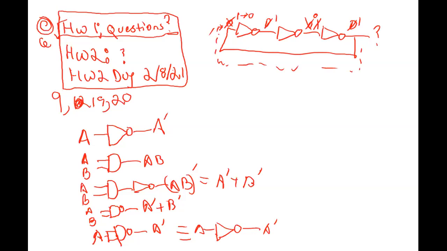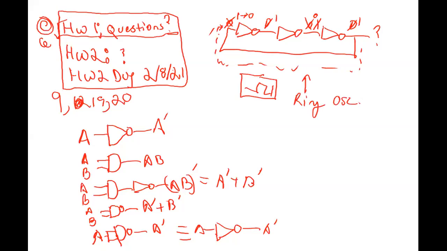In fact, what you have here is a clock, which can be written in summary as a square wave in a box. And that is a ring oscillator. That's a very interesting idea.